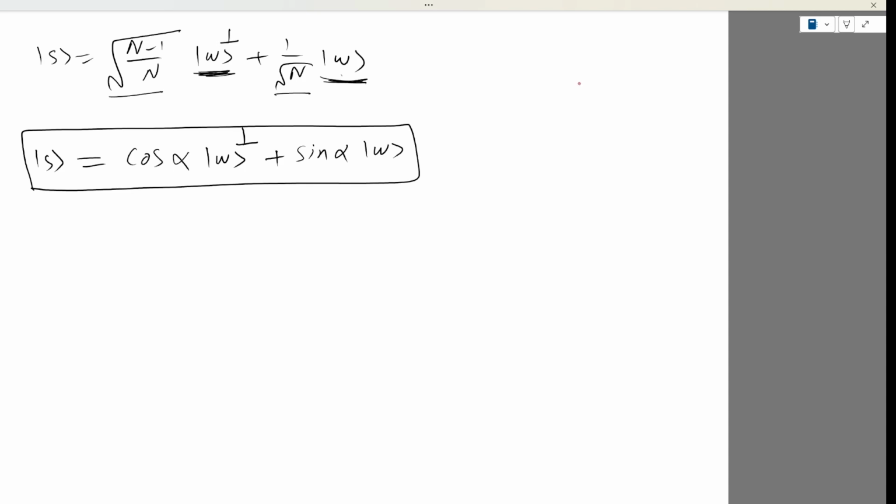So if I have a plane in which I can represent this higher dimensional state using just 2 dimensions.